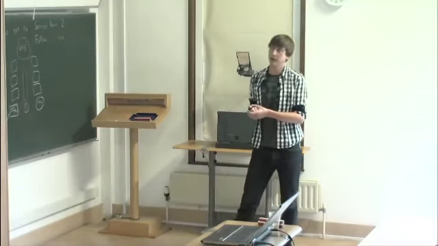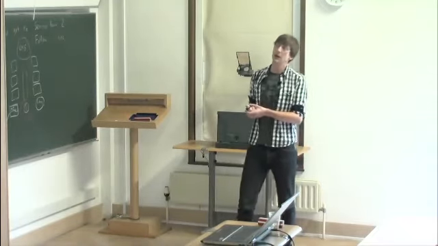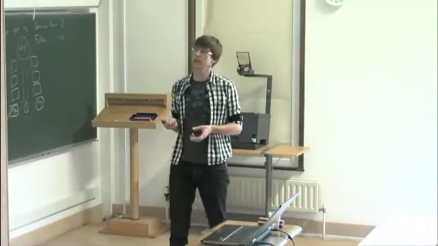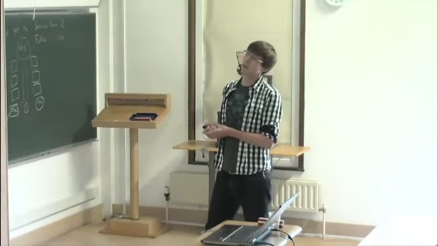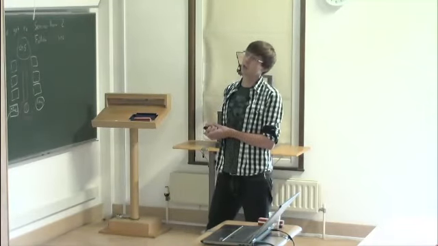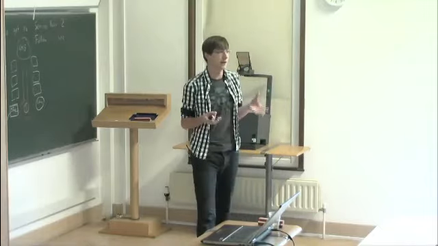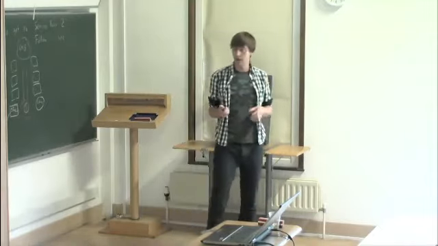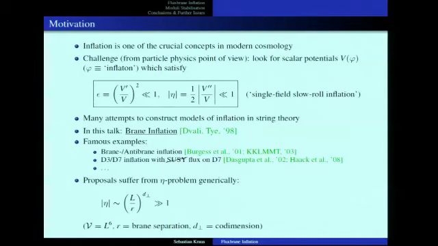For example, in the brane-antibrane inflation proposal, if you compute eta, it involves the ratio L over R, where L is some kind of typical length scale of your Calabi-Yau manifold, and R is the brane separation. Obviously this ratio is typically larger than 1, giving you this eta problem.